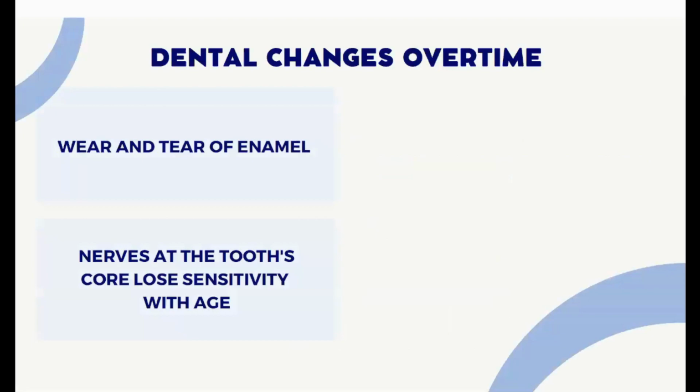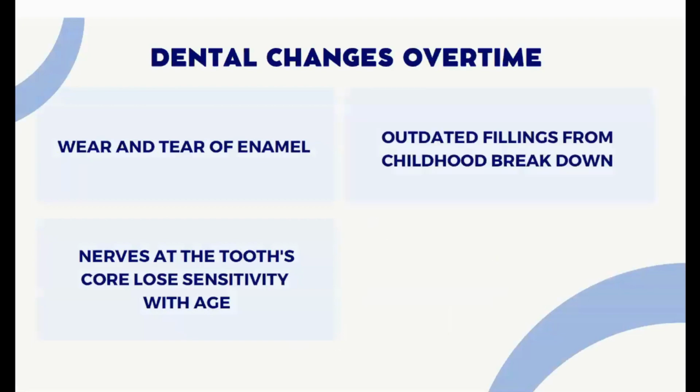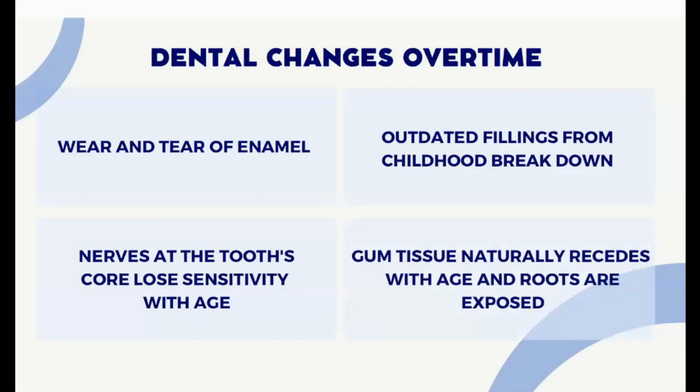And so the problem with this is that if you have less sensitivity in your teeth, it might take you longer to notice infection, and so it might be further along by the time it gets treated. Additionally, you may have outdated fillings from childhood that start to break down because there has been a change in the materials that are used for fillings over the years. And then lastly, our gum tissue naturally recedes with age, and then our roots are exposed.